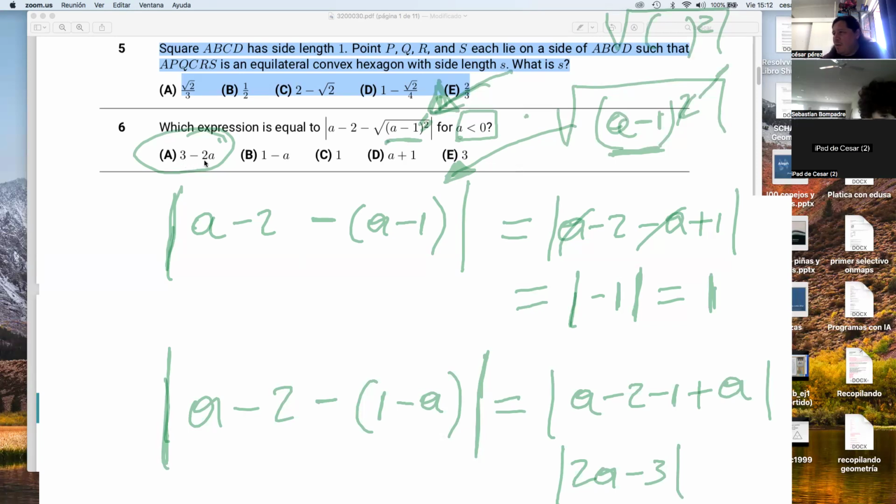And because a is negative, we need to use the opposite. We will get 3 minus 2a. Okay?